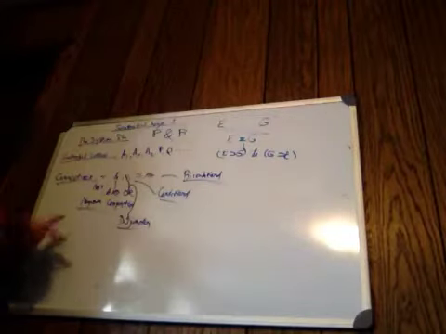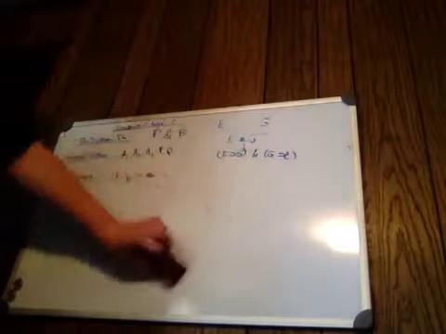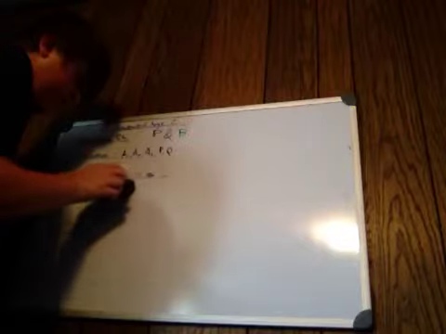So hopefully we can kind of get what's going on here, and hopefully I didn't mess anything up for you. So this is and, this is or, this is if then, and this is if and only if. Now I don't understand why it's if and only if, because they go back and forth.